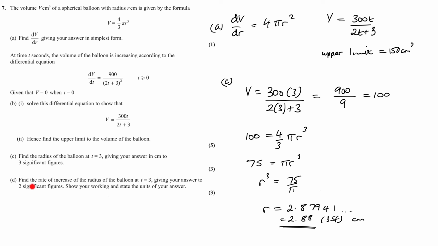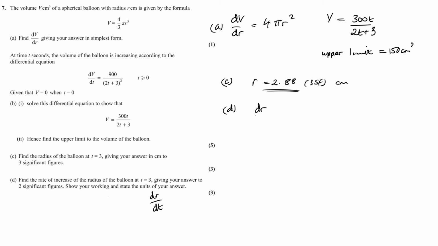Now the next bit says find the rate of increase of the radius of the balloon at t equals 3, given your answer to 2 significant figures. So for this one, we're going to need to be able to find the dr by dt, because that's the rate of increase of the radius. Okay, I'll just make a little bit more room.